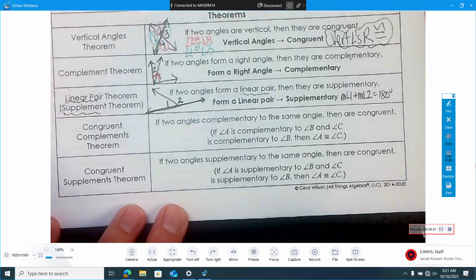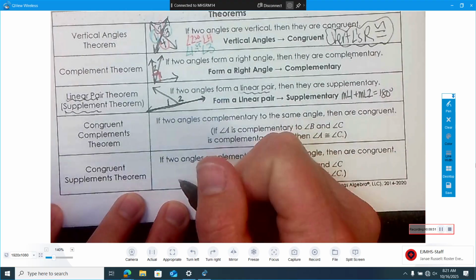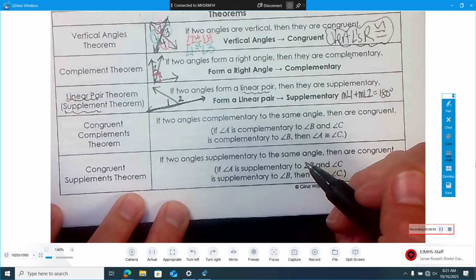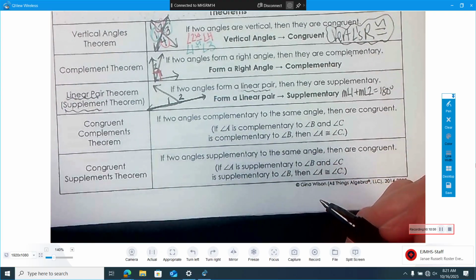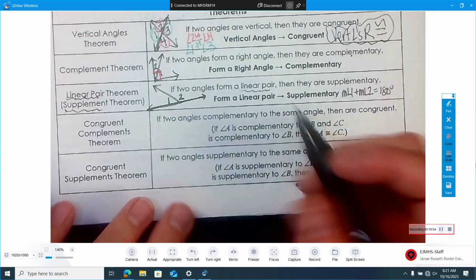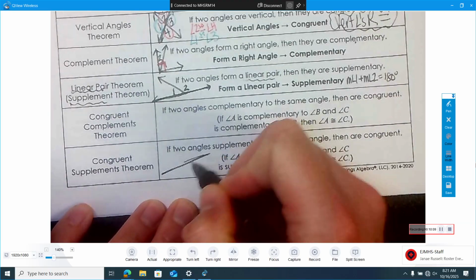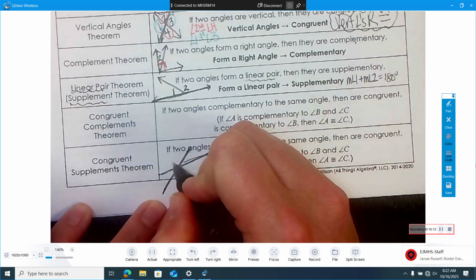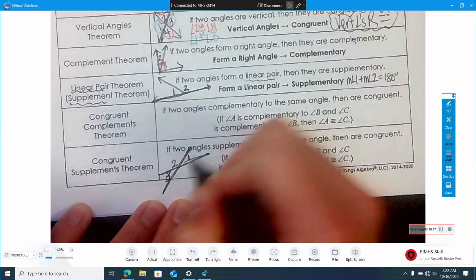So, for example, I'm trying to think of a picture for this. I guess I could do it this way, maybe. Okay. Here is angle 2, here is angle 1, and here is angle 3.